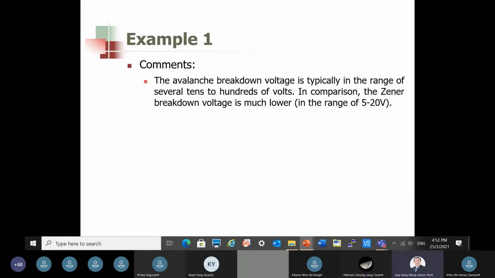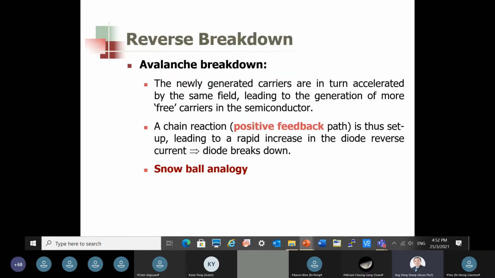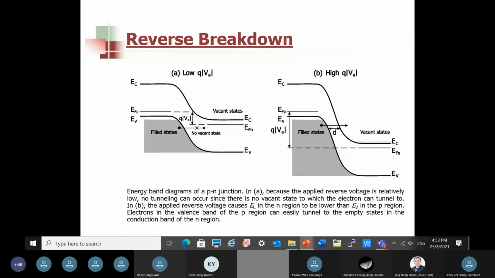Now, it is not necessarily the case, although theoretically speaking, like what we have mentioned before, Zener breakdown happens when the valence band on the P side gets raised above the conduction band edge on the N side. However, even when this situation exists, the current that flows through the junction can still be very small. The reason is that the doping concentration may not have been optimized to give you a narrow depletion region or a narrow tunneling barrier.